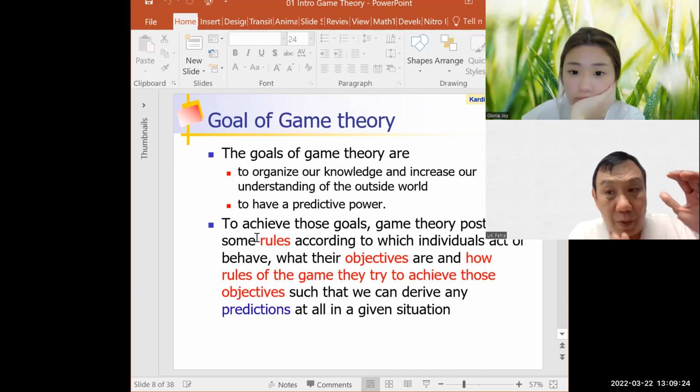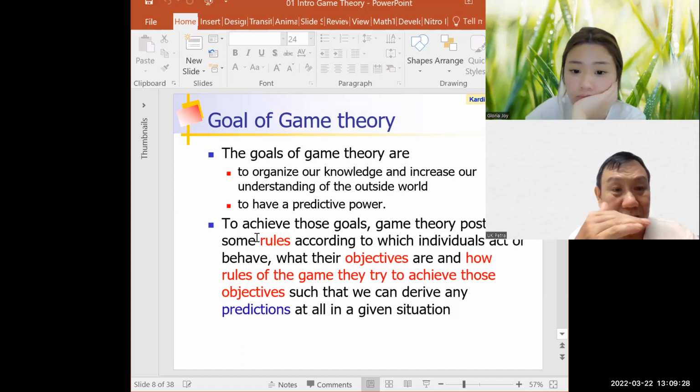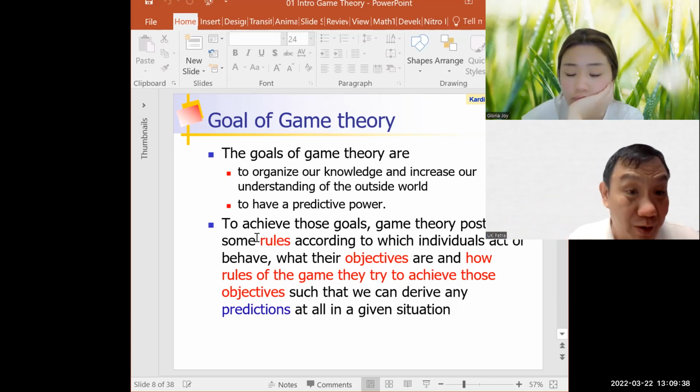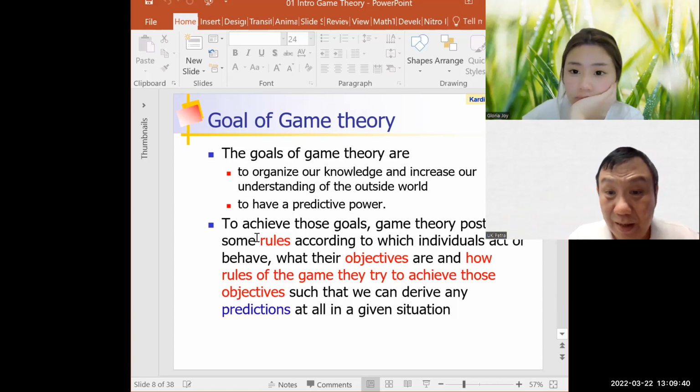We need to postulate what we can do and what the assumptions are and so on. Each individual will act or behave under a certain assumption, which is rational, for example. And then what their objective is and what the rules of the game are, we already set. With that setting, we can predict. Without that setting, there is no way to predict.